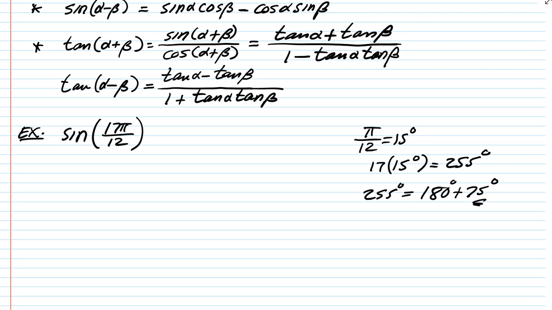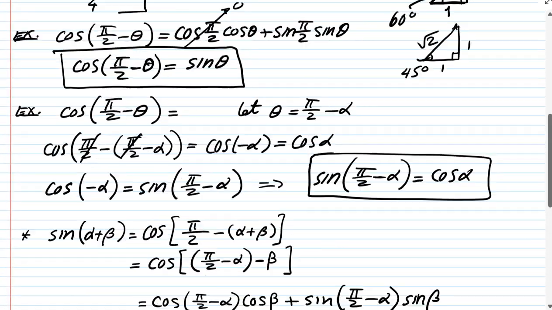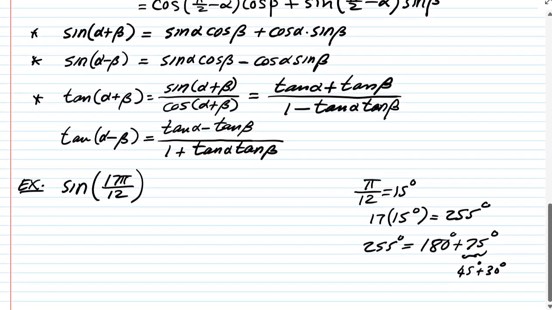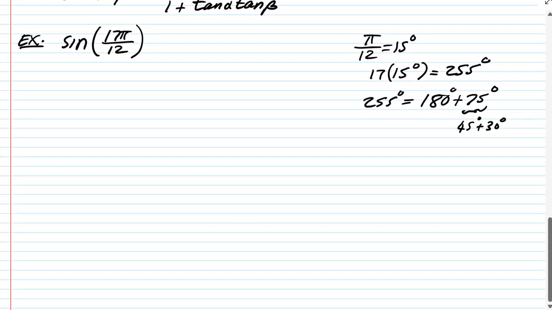Now 75, that's not a special angle, is it? However, 75 is 45 plus 30, right? And that should work. I was going to say we've done it, but we did 105, so 75 would be just like we did 105.